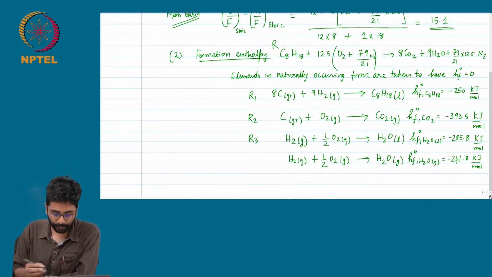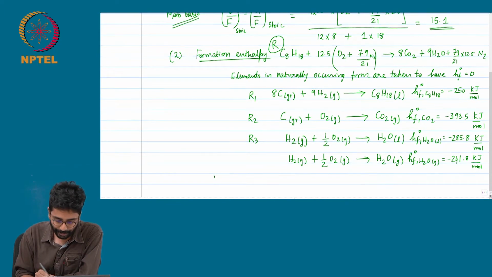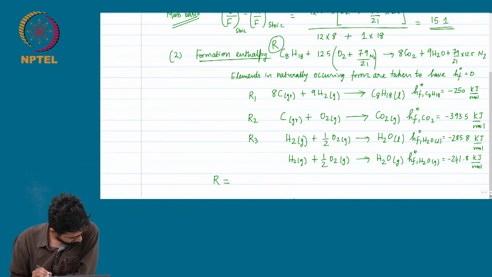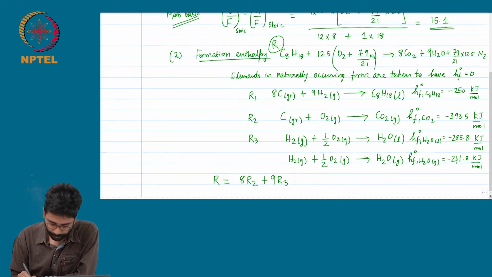Now if you observe, we can write reaction R as equal to 8 times reaction 2 plus 9 times reaction 3 minus reaction 1.